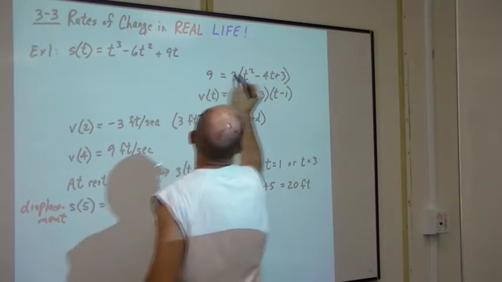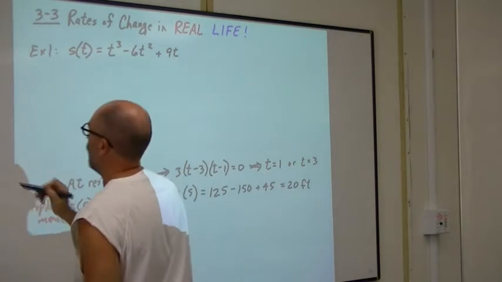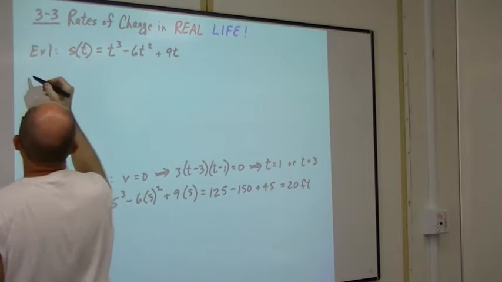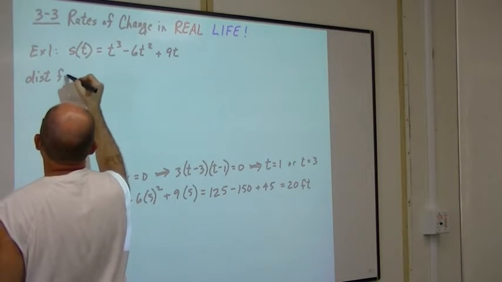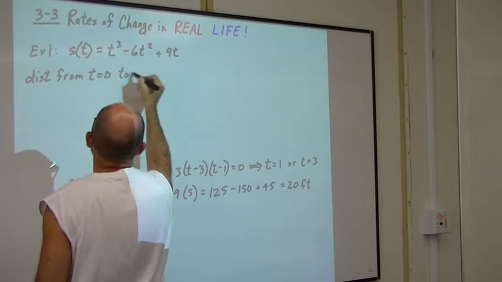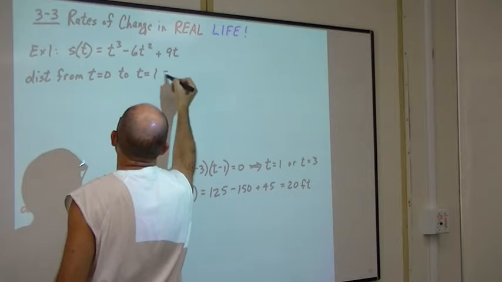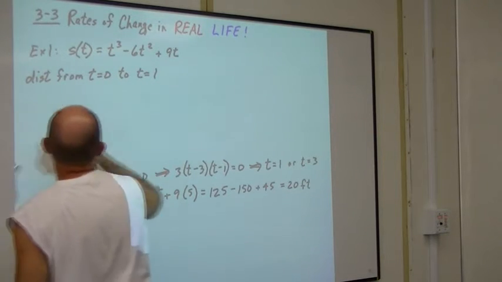Let's get rid of this stuff for now. Okay, so the distance from t equals 0 to t equals 1.